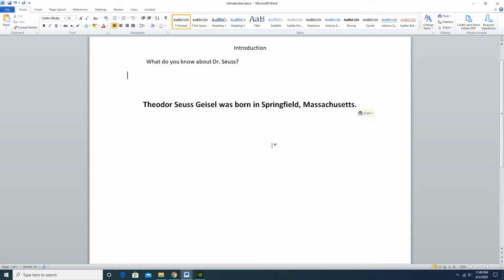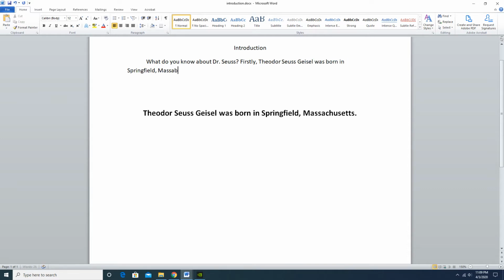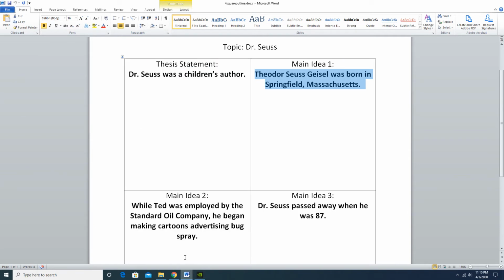The next thing I'm going to do is add my main idea 1. Now you won't have to copy and paste like I am because you'll have it on your paper or on your computer. But what I'm going to do is go ahead and put firstly, for my main idea 1, Theodore Seuss Geisel was born in Springfield, Massachusetts. That's how I use my main idea 1 in my introduction. And I'm going to go back.